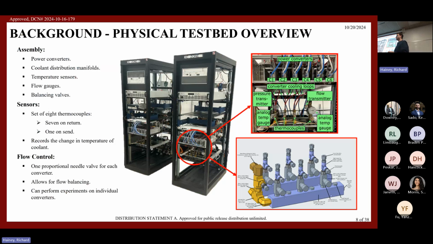And we have incorporated thermocouples and flow gauges, manual analog flow gauges, just to gauge the amount of flow going into the system. You can see the manifold here with flow adjustment valves to help readjust and redistribute flow to keep an equal balance of flow to each module, essentially.